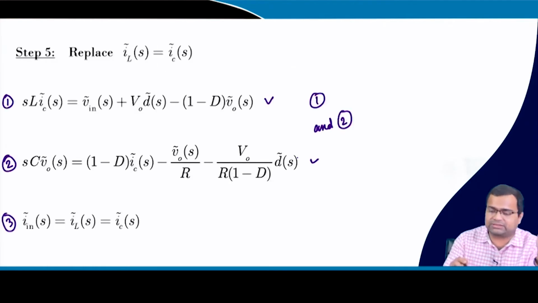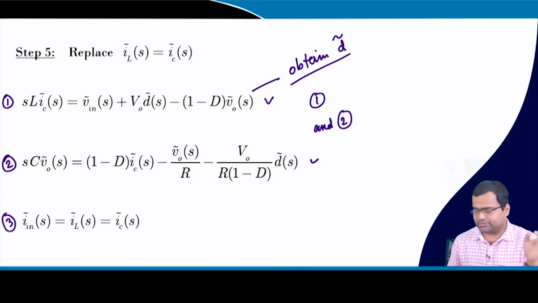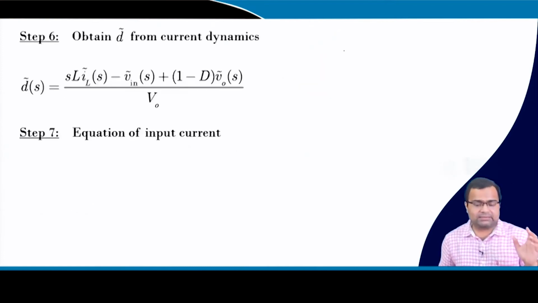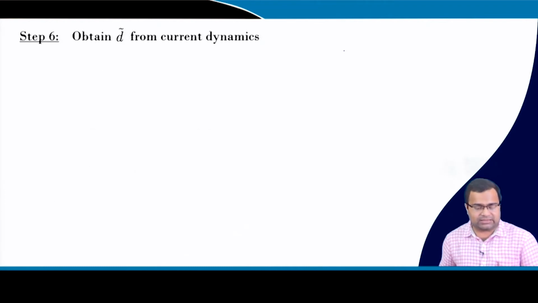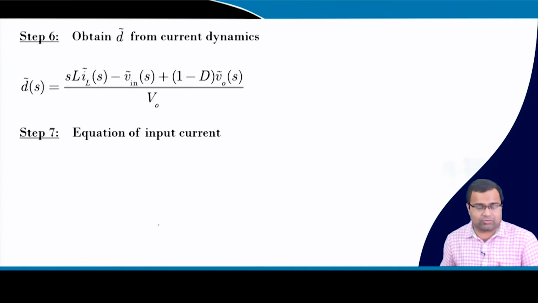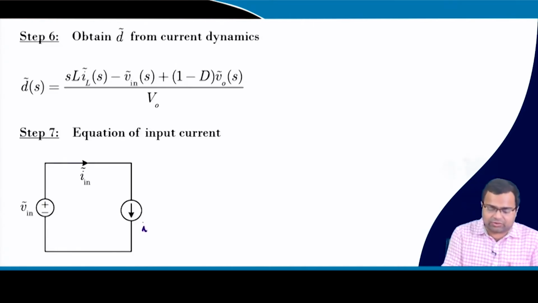So, I can use equation 1 and obtain d hat from this equation. Then we can replace it in the input current equation. Since the input current equation does not have any duty ratio, it is simply the control current source. Okay. So, this is our control current source.